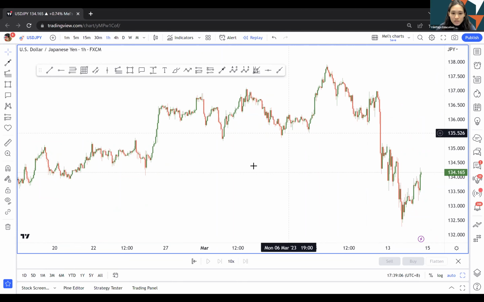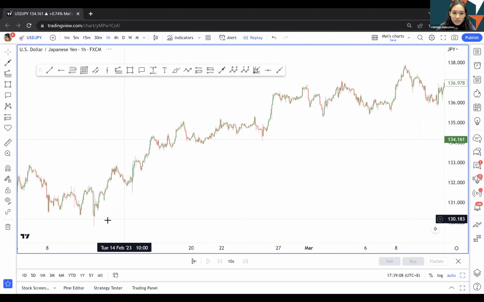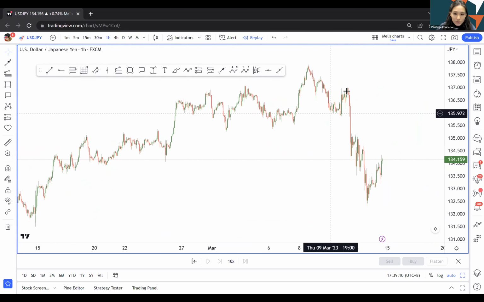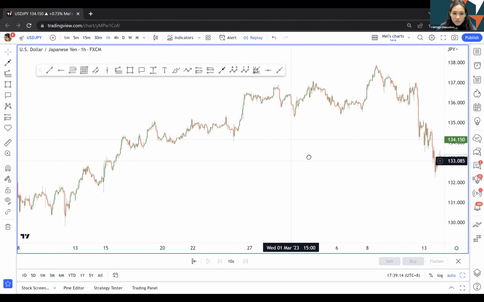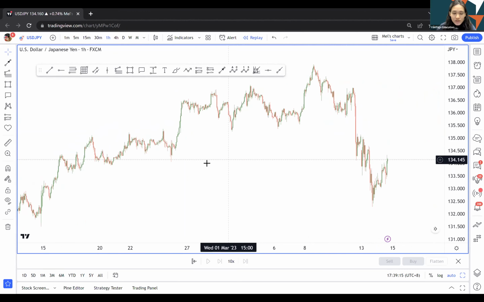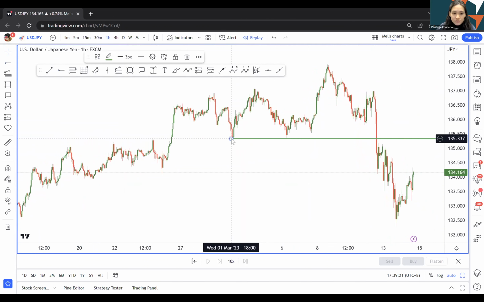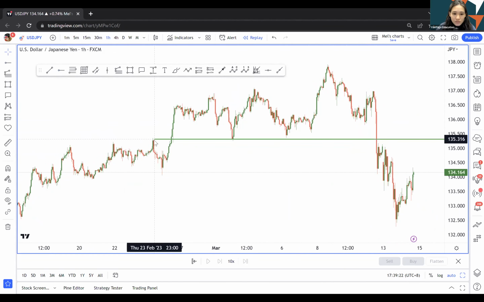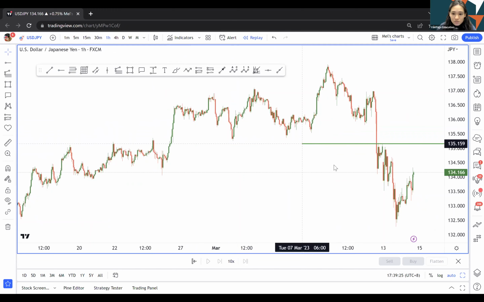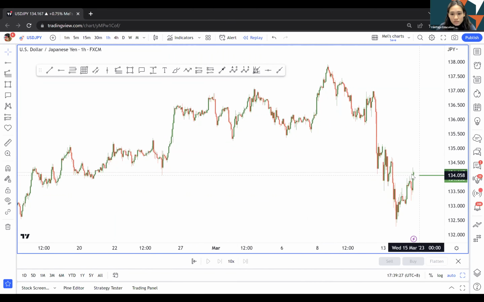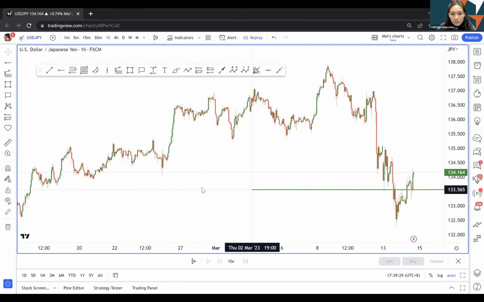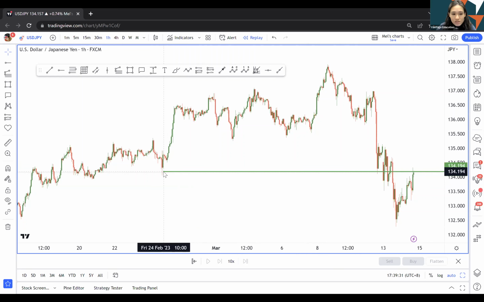So we can see prices were increasing over here, but we've noticed a sharp drop from here. So now let's identify our support and resistance levels. So if we start from, okay, for example, this level, right?